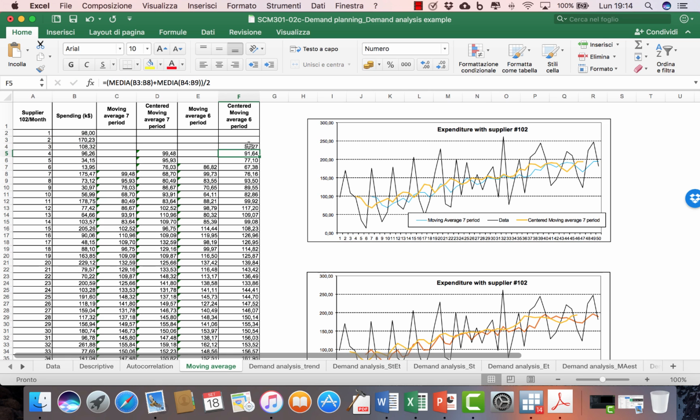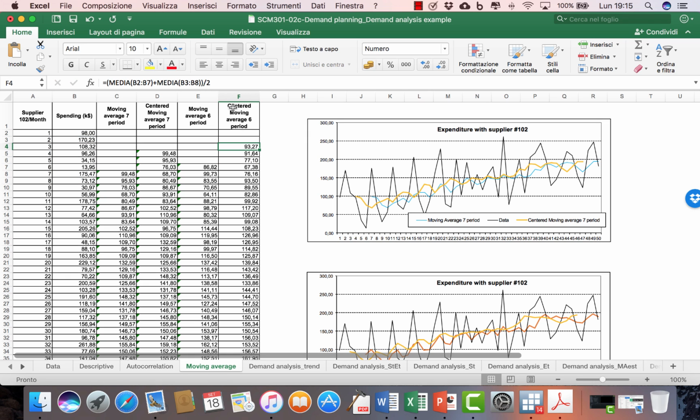If you scroll down, you see here a centered moving average of 6 periods will consider 2, 3, 4, 5, 6, and 7, and 3, 4, 5, 6, 7, and 8. You average these two values and you obtain the actual value of the moving average.